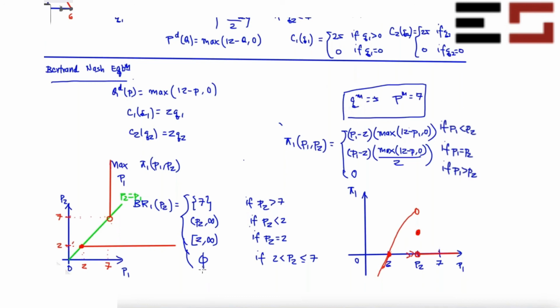Is that okay? And when P2 is less than 2, then anything above P2 will work, but P2 is not included. What that means is anything to the right of this 45-degree line, but this green line is not included. So I'm not going to put red on this green line, but I'm going to shade the remaining.